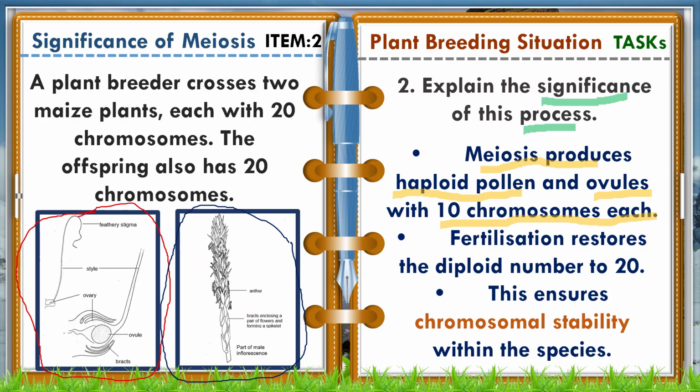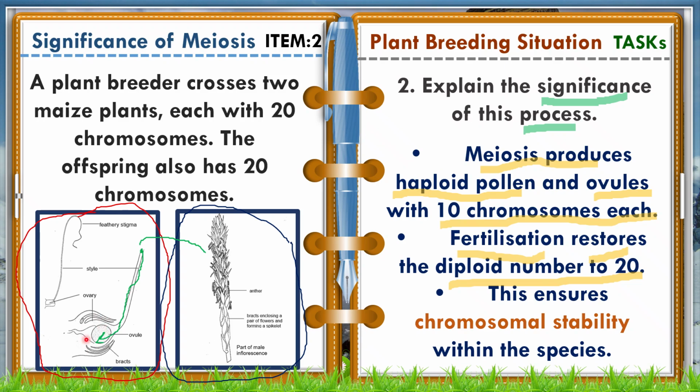So what happens is that fertilization restores the diploid number to 20. When we have our pollen grains moving from the anther and they pollinate the stigma, then we shall have the development of the pollen tube, which will take the male part to the female ovule, with 10 chromosomes.